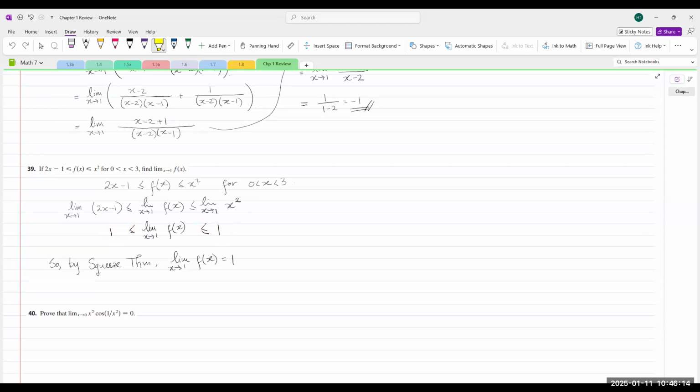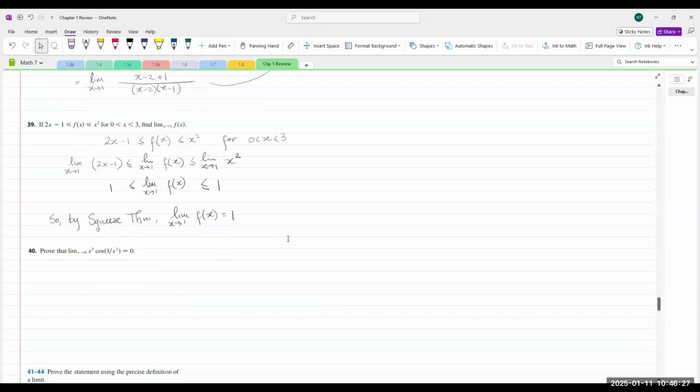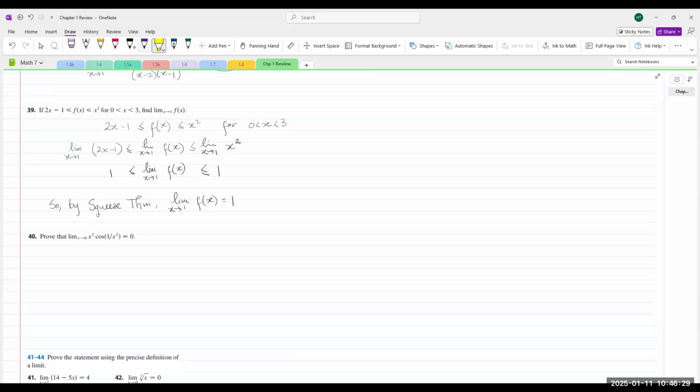Okay, the nice thing with number 39, they tell us the upper bound and lower bound that squeeze the function. Number 40, however, does not. They don't tell us the upper or lower bound, but when we take a look at this, cosine of 1 over x squared, prove that this limit is 0.